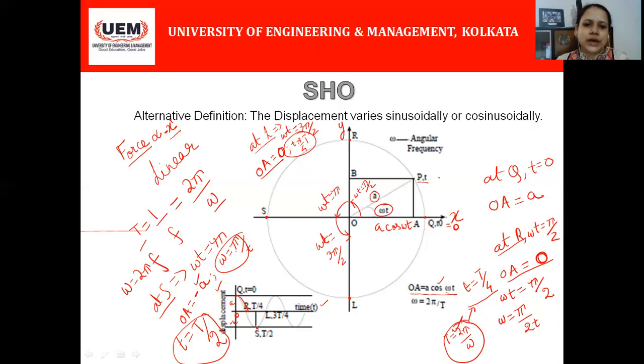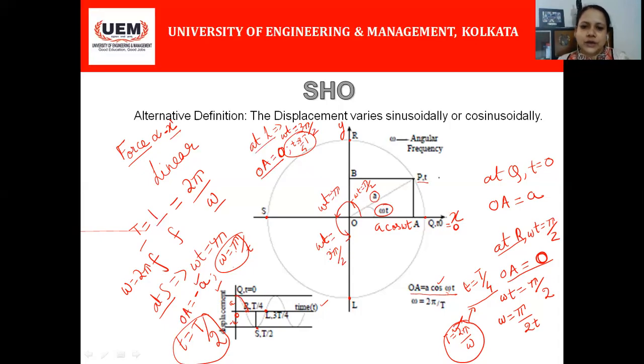So again, at position L, the displacement is 0, and the time required to reach here is 3/4 the time period. The particle comes from one amplitude, plus A, through equilibrium displacement 0, to displacement minus A in half the time period, and in 3/4 the time period it again comes back to the equilibrium position.